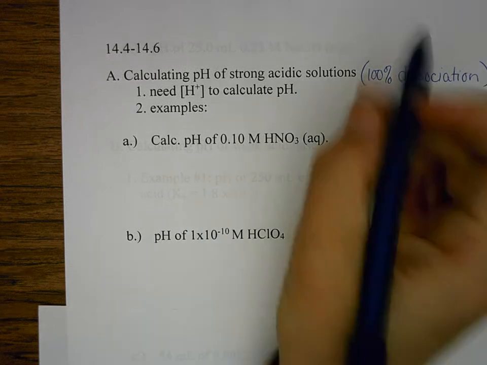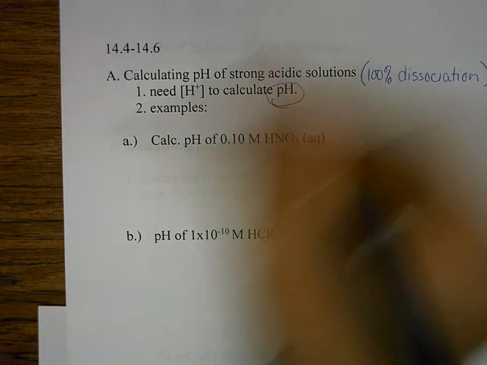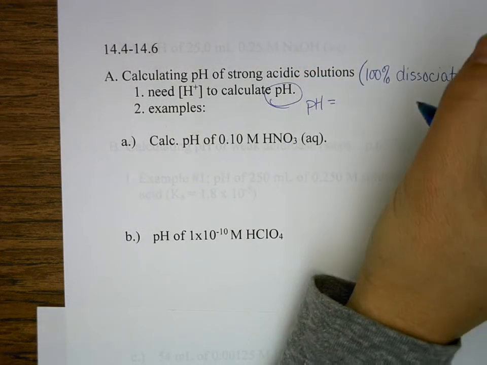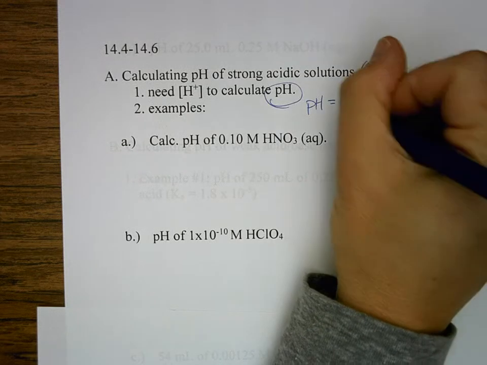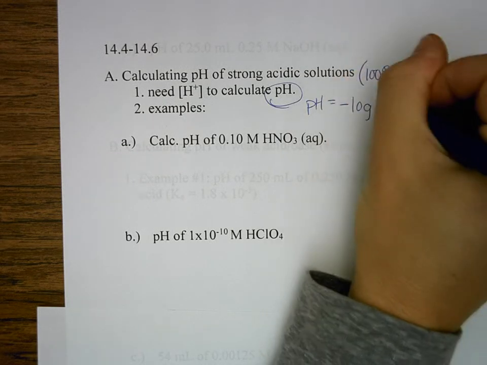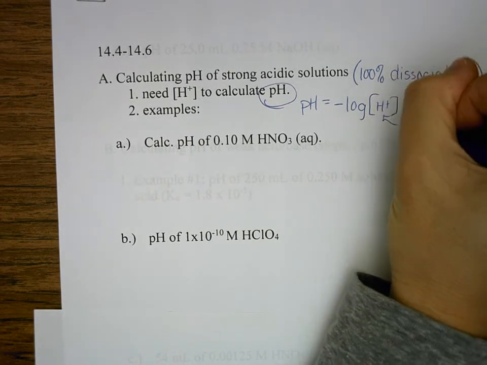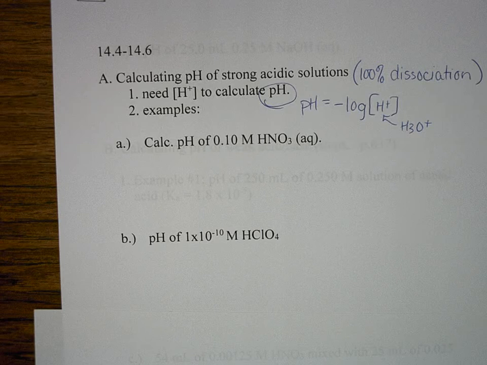And the other thing is, all of these questions are asking us to calculate the pH. On Wednesday, I gave you guys the equation for calculating the pH, and it is what? Negative log of the hydrogen ion concentration. By the way, same thing as saying hydronium ion concentration, okay? Those things are interchangeable, and they mean the same thing.